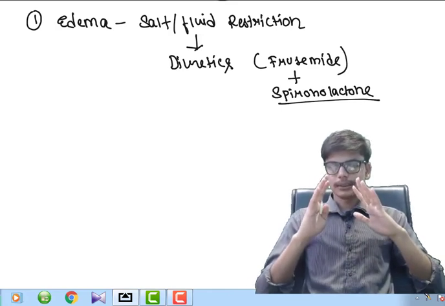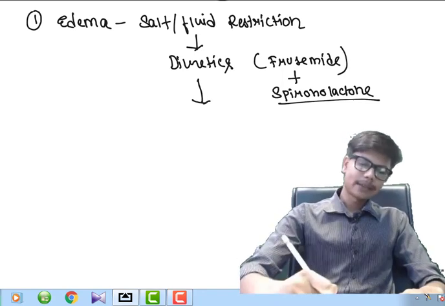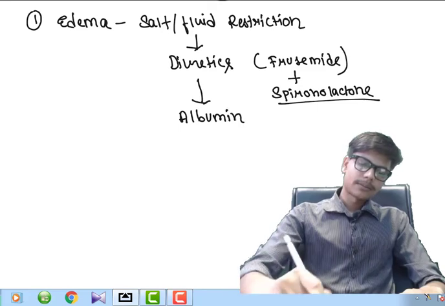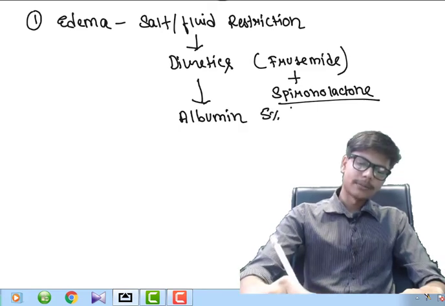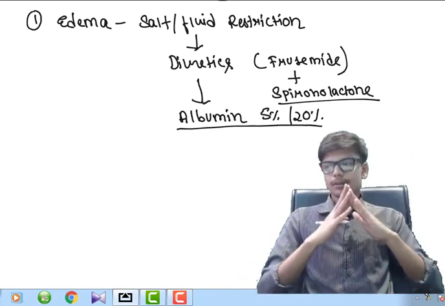If the diuretics also fail to control the edema, then we have to use albumin. Albumin 5% or albumin 20% can be used to control edema.